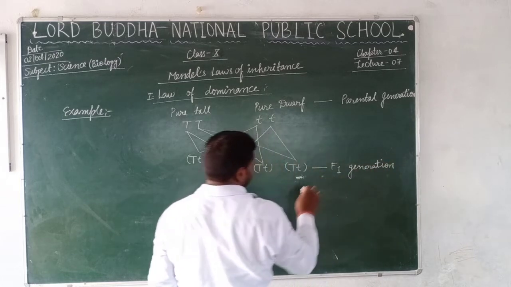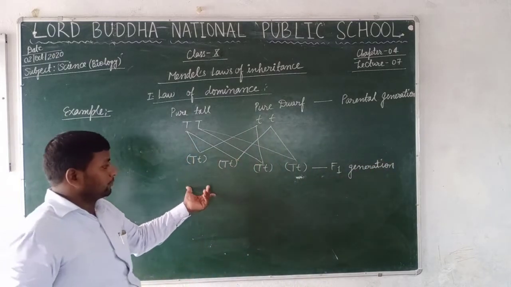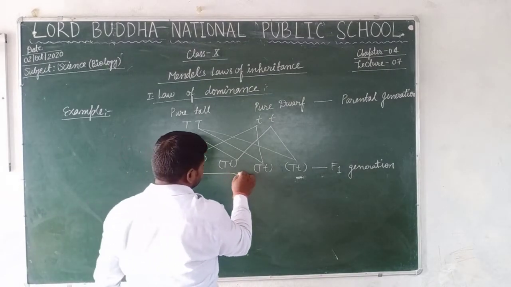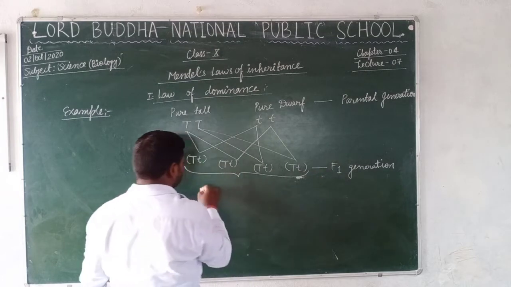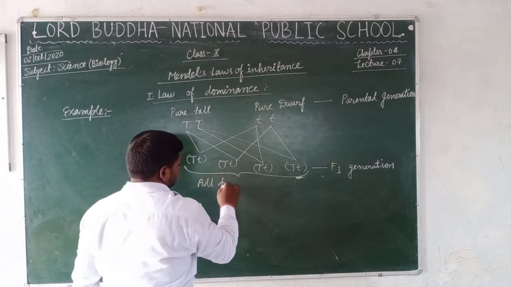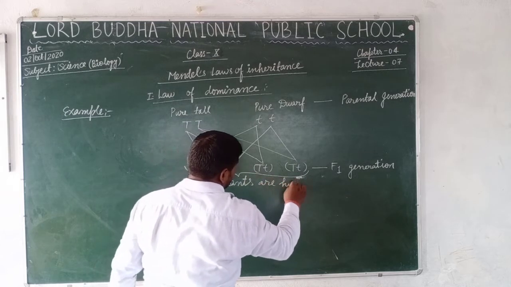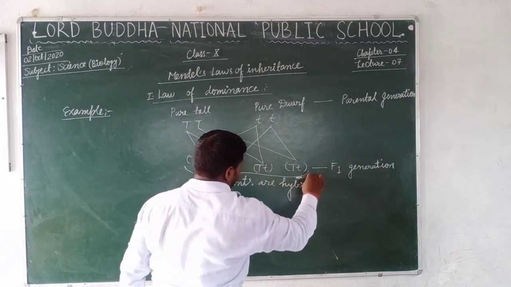Okay students, this is the first filial generation. What did we obtain? We obtained all the plants as hybrid.